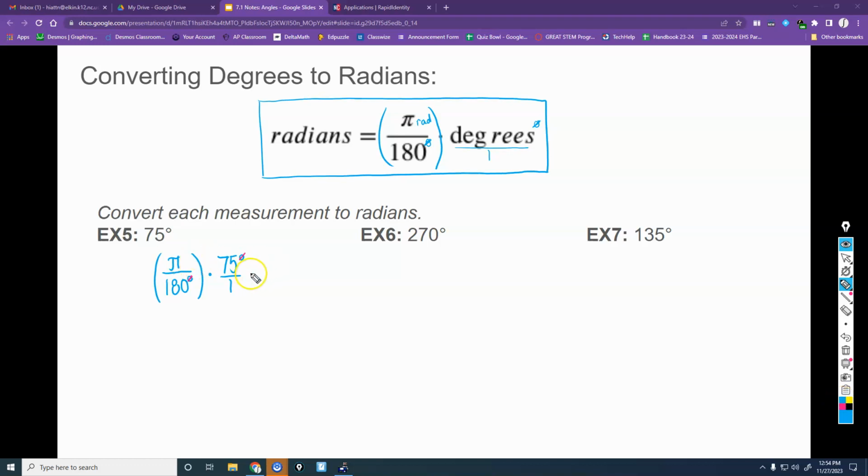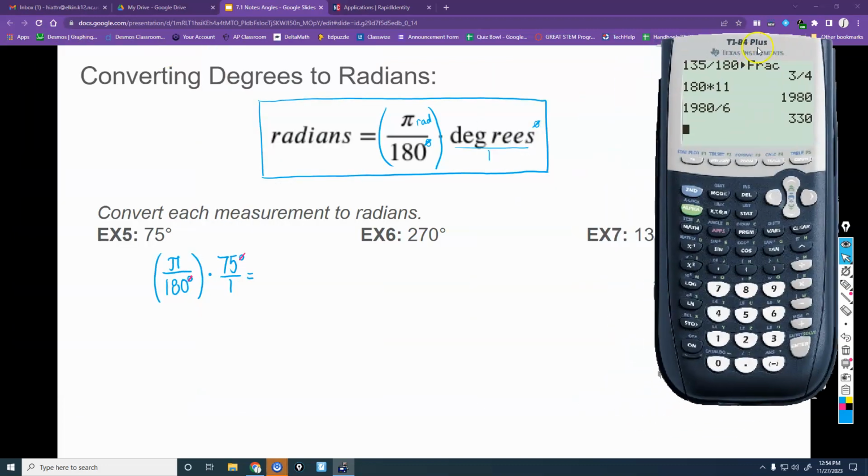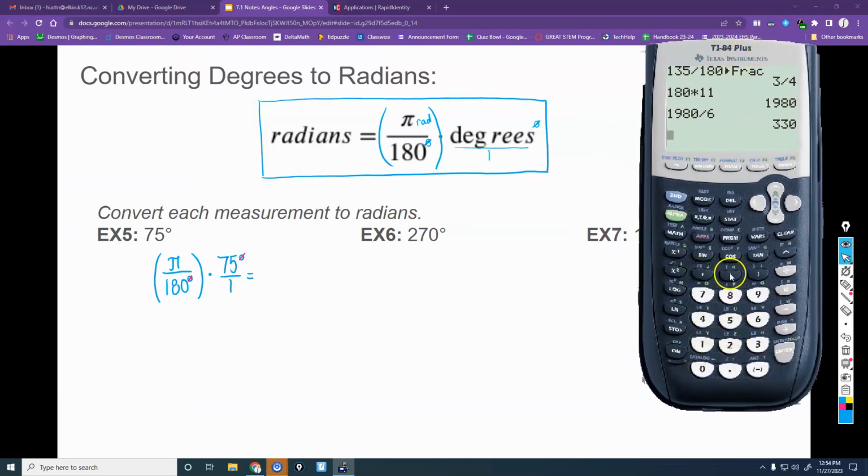So if I multiply this across, now in my calculator, I can do pi divided by 180 times 75. And that will give me 1.308996, and that is correct. That is a correct answer.